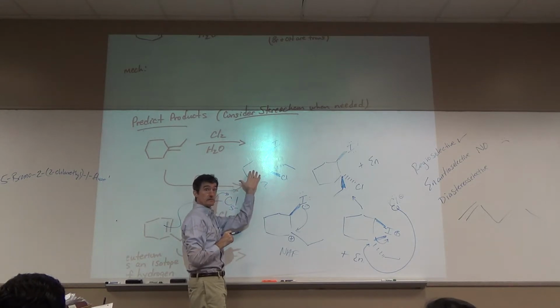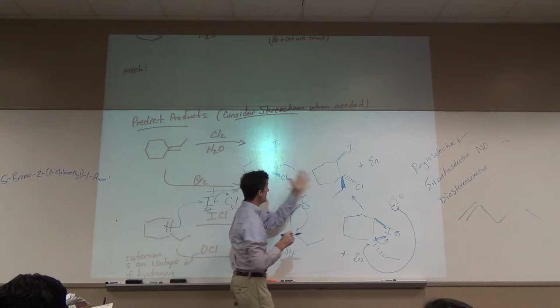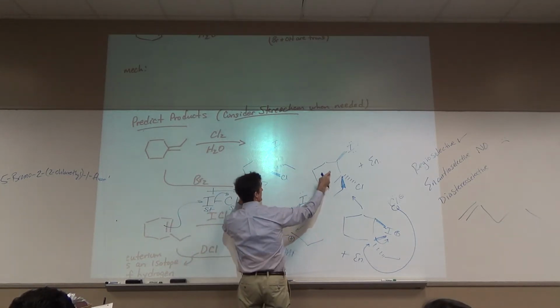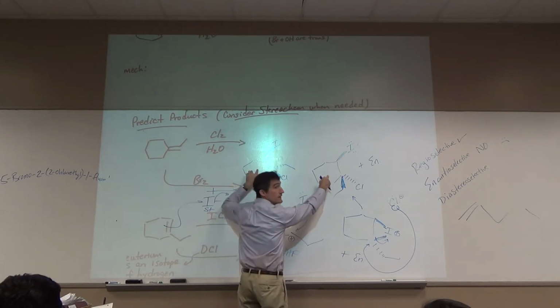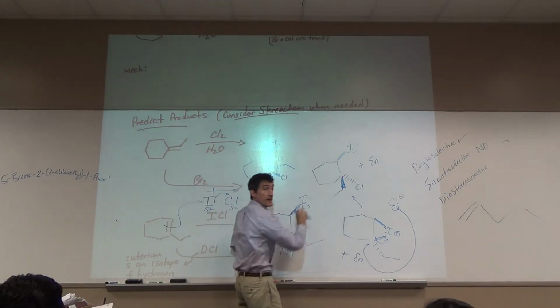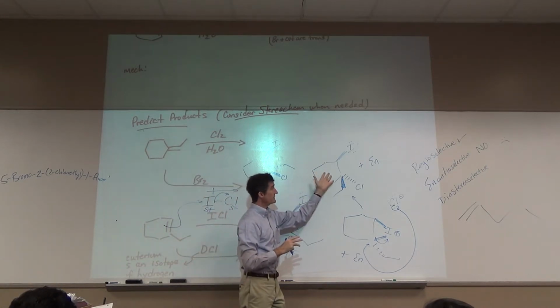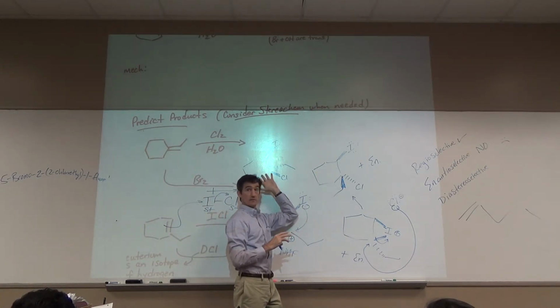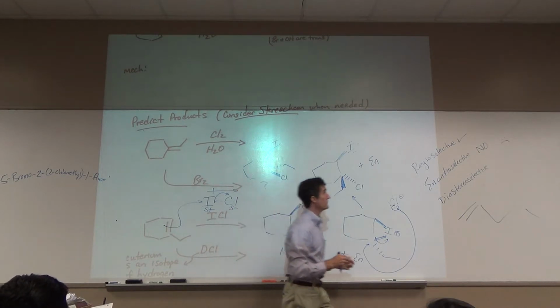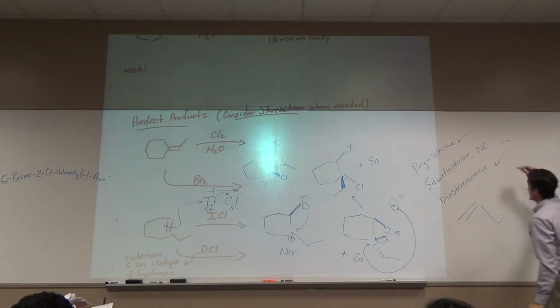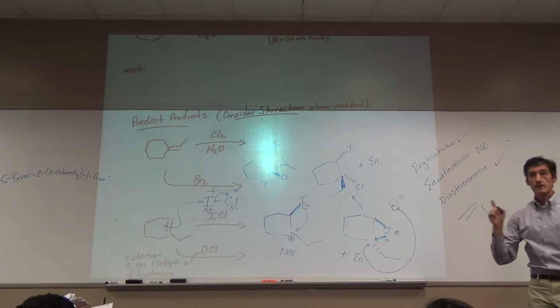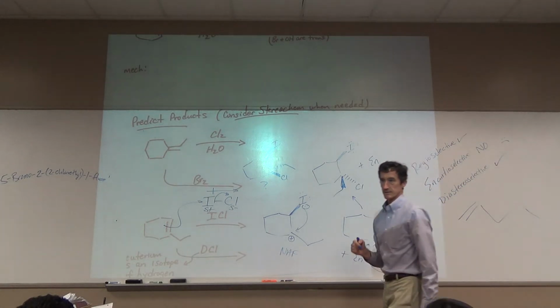Did we get this? No. So we got that, not that. What's the relation between this and this? Diastereomers. So, did we get one diastereomer and not the other? Yes. It is diastereoselective, but it's not enantioselective.